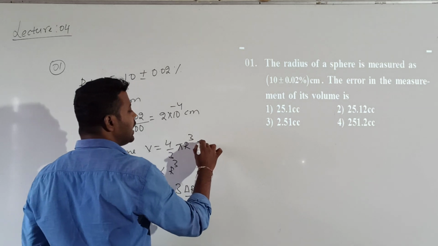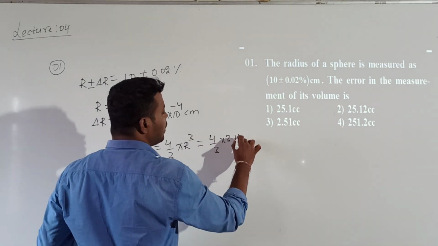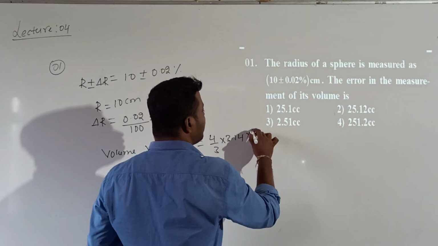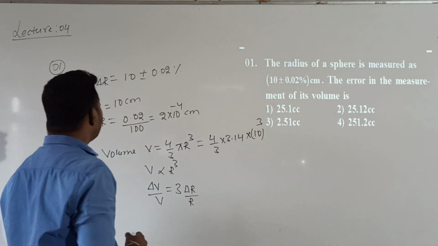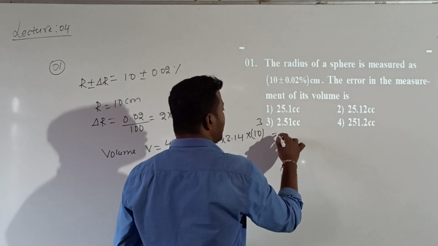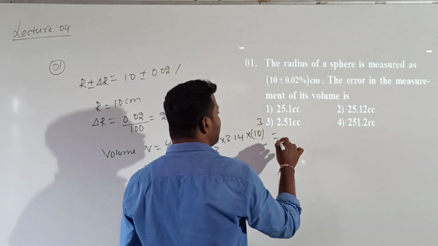Even here we can calculate the V value. 4 by 3 into pi value 3.14 into R cube, so R cube value is 10 cube. This is the value of volume. Approximately the 3 and 3 will cancel here. Then what is left?